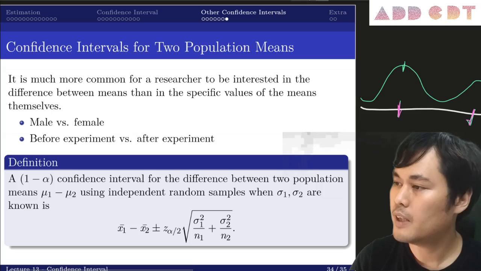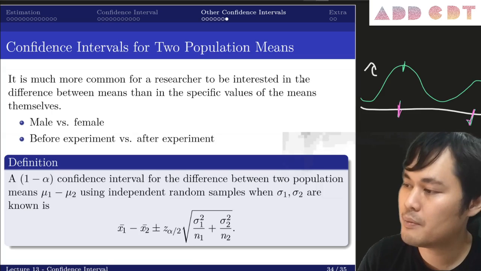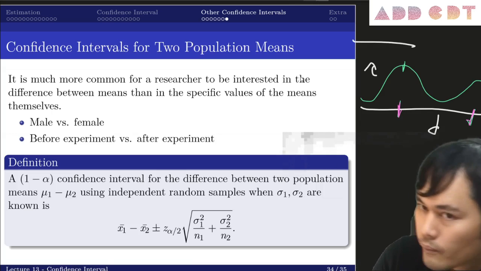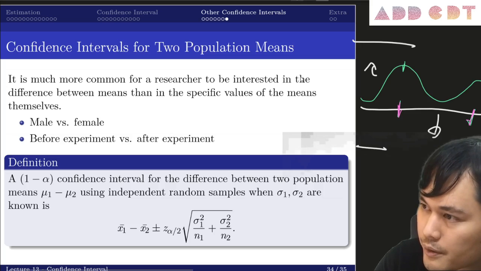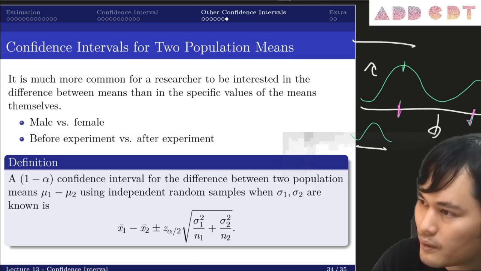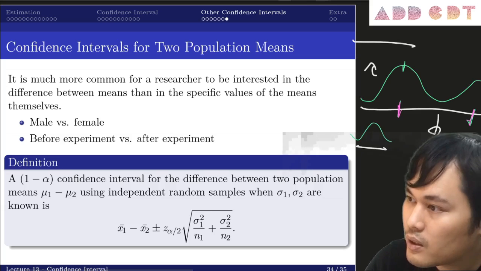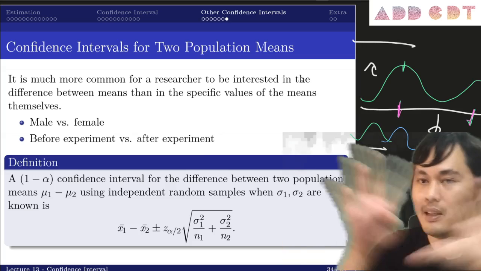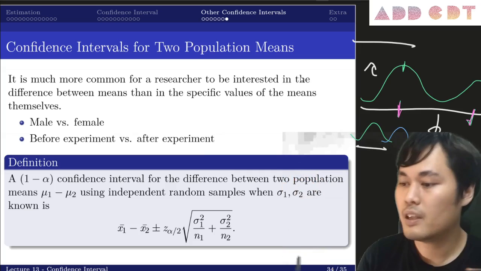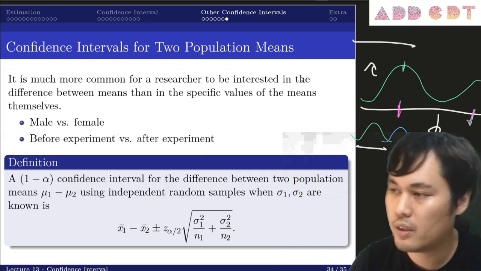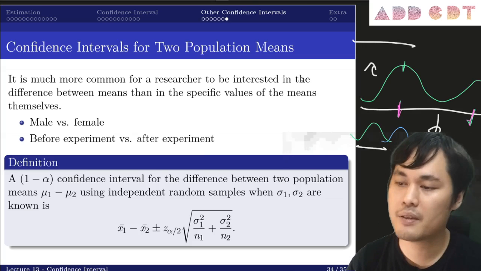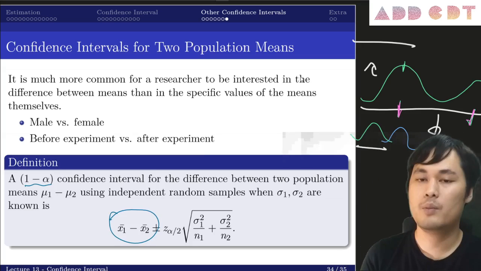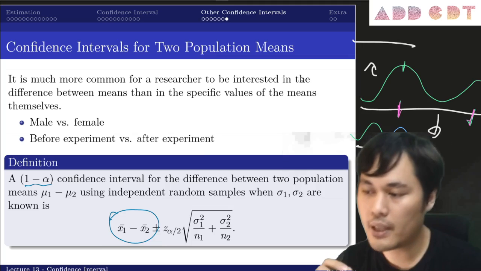If possible, we want to split them into two different curves, by going back to the data and cleaning it up to get two sets of data. If not, we have to combine them together, and in that case we can compute the confidence interval for the difference between the two means.